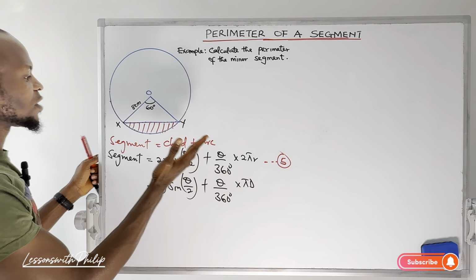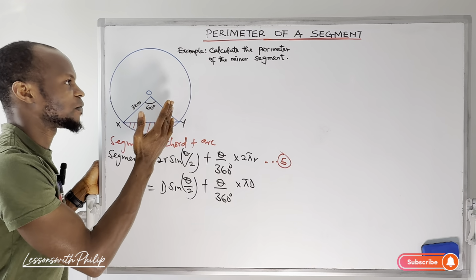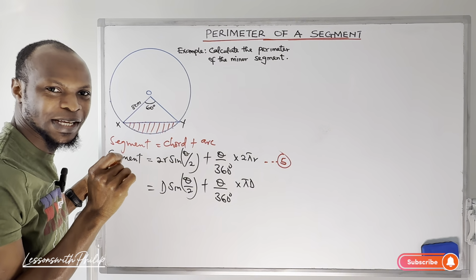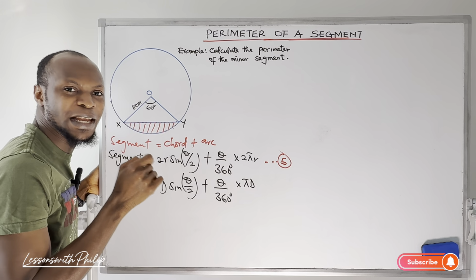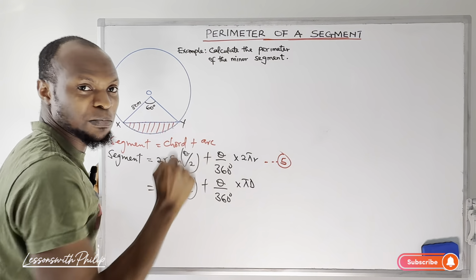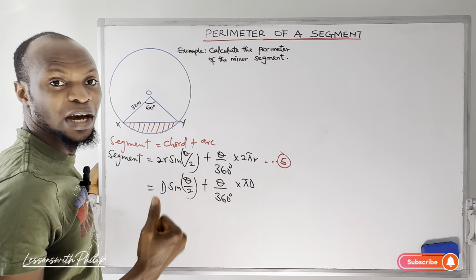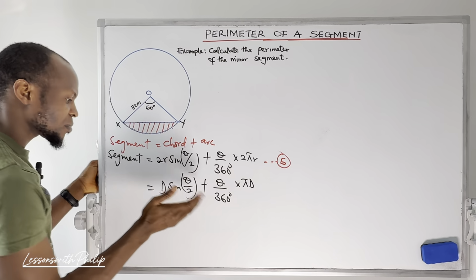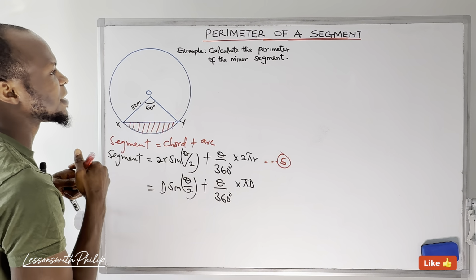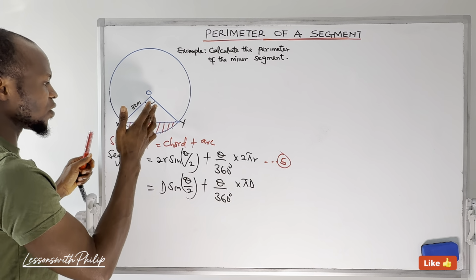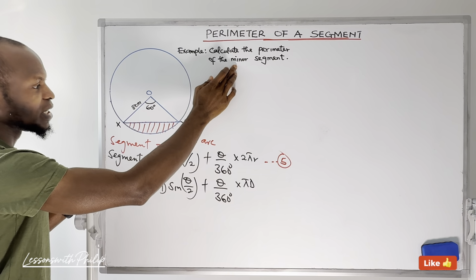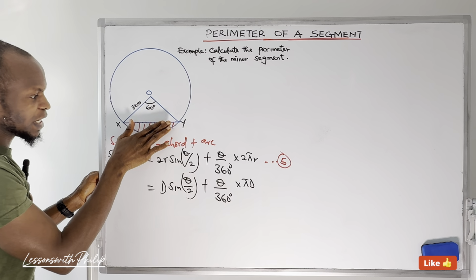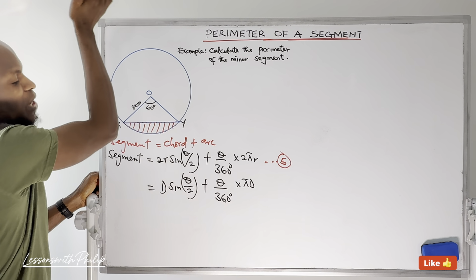Now, in this case, we are given the diagram and we have to find the perimeter. Don't forget, there is a difference between a perimeter and an area. Now we're dealing with perimeter of a segment. Later on in our classes, we'll deal with areas of a segment. Now we have to find the perimeter of the minor segment of this circle. This one I've painted is the minor, the one up here is the major.